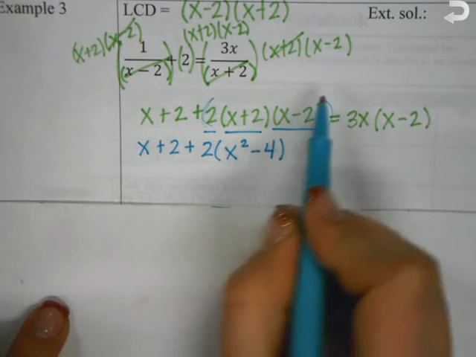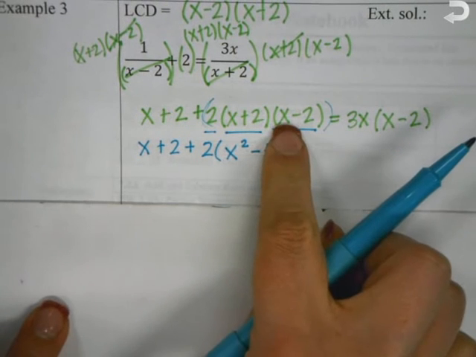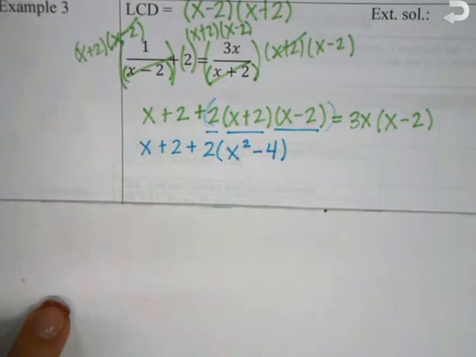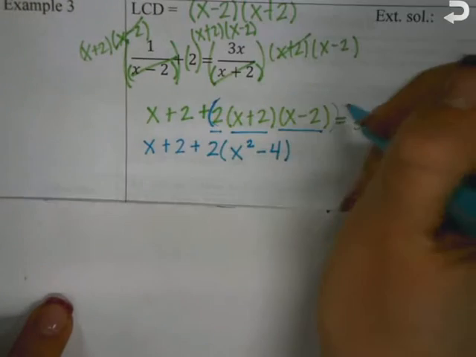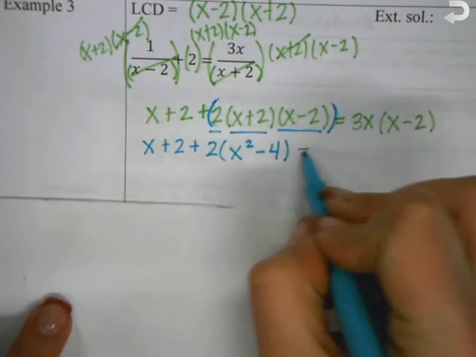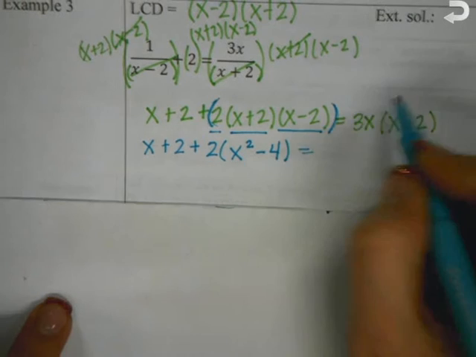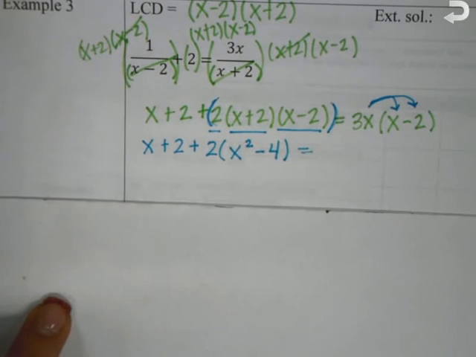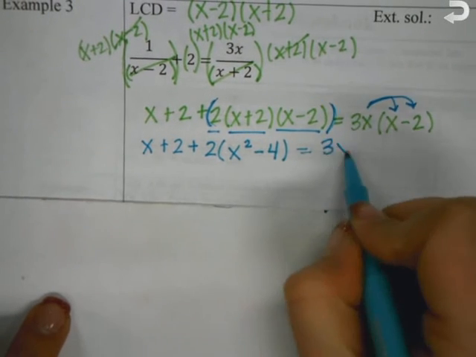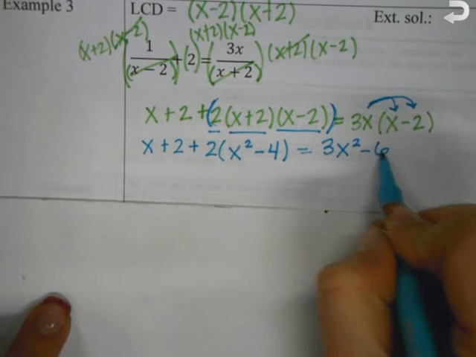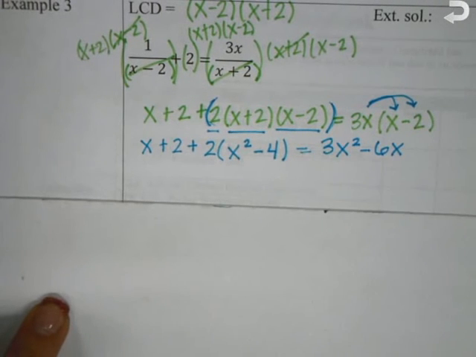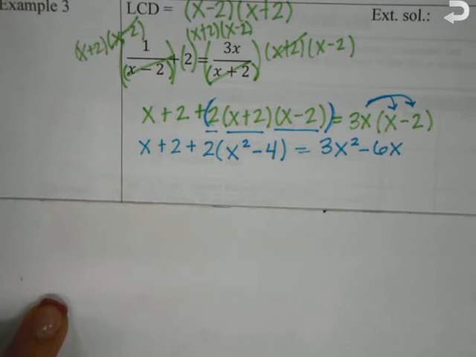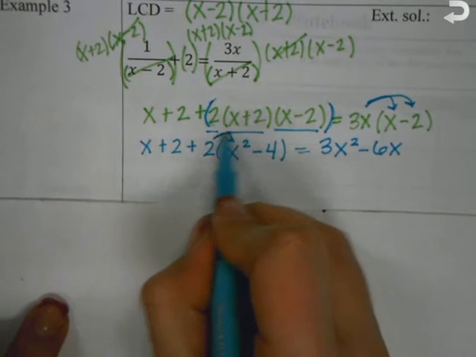and then we distribute on the other side of the equal sign. So that's going to be 3x squared minus 6x. And now we can distribute the 2. So that's going to be x plus 2 plus 2x squared minus 8 equals 3x squared minus 6x.